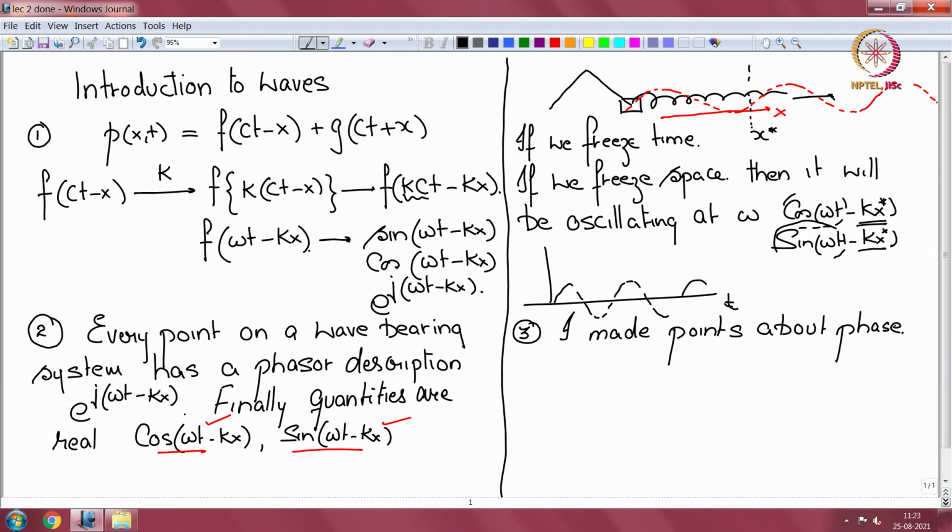In actuality, if the system, that is mass and the spring, is driven by a force, then of course the response, let's say displacement of the first point, x0, will be omega t plus or minus some phase. Now it is phased with respect to the force.